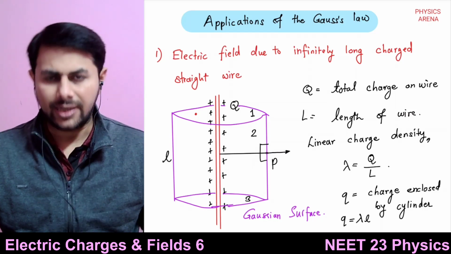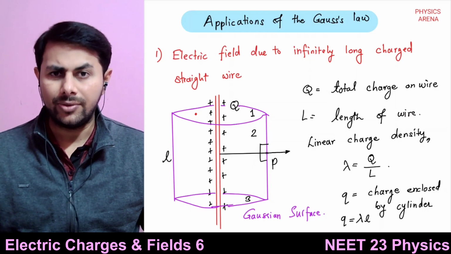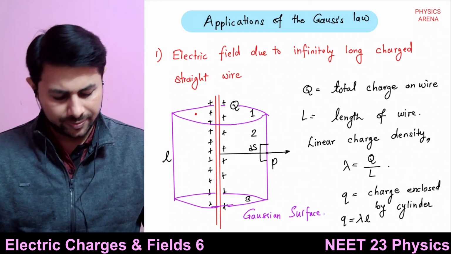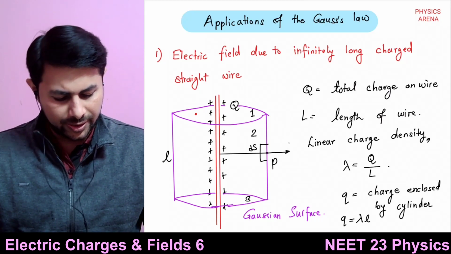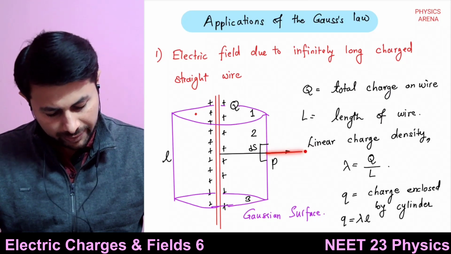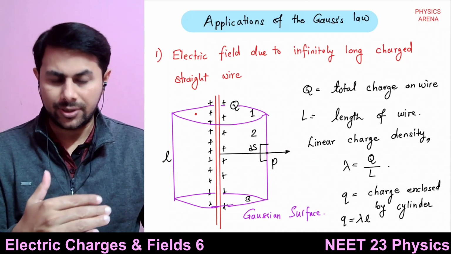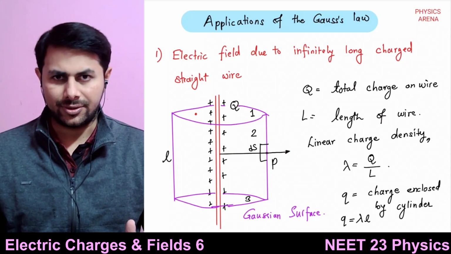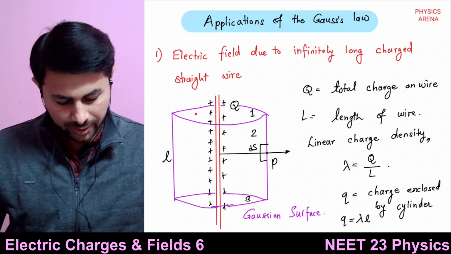The direction of the area vector is like this, perpendicular to the plane of the area. Suppose this small surface is ds. The electric field at point P is directed like this, and the area vector is also directed in the same direction. So the electric field and the area vector are directed in the same direction.